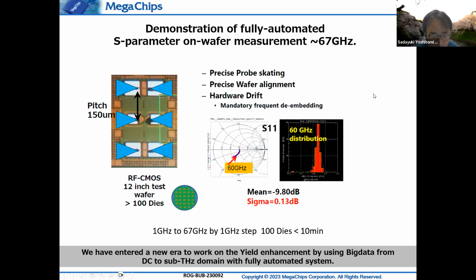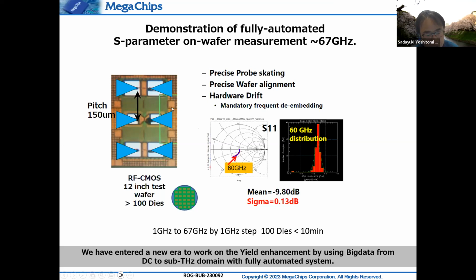Here is a result of an automated S parameter measurement of a 300 millimeter wafer using this most up-to-date system. Again, this is a test pattern which I showed in a previous slide. To obtain the one-half pad aberration pattern, which I already showed on page 9, it was used for the evaluation.